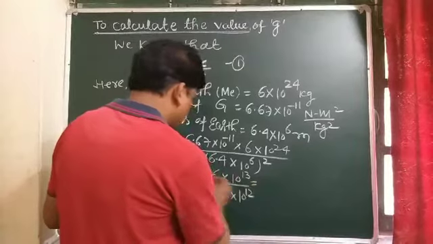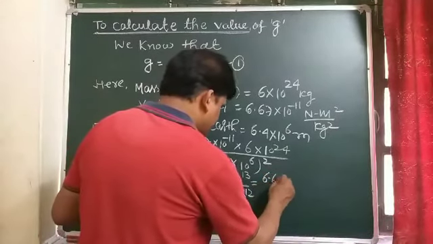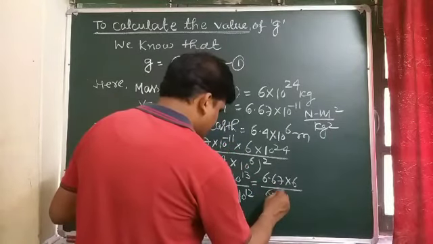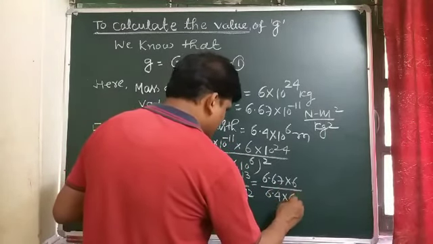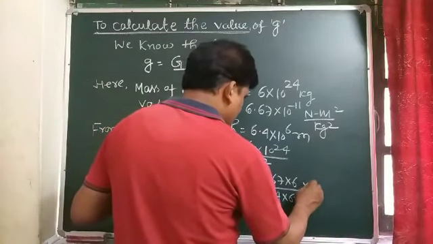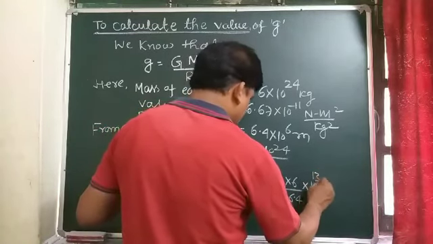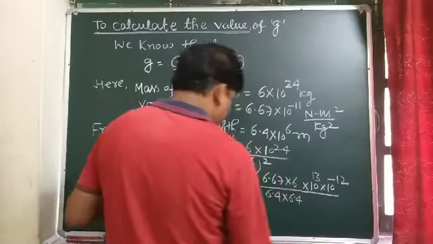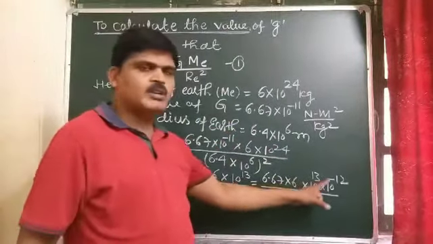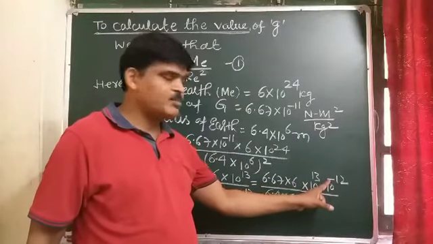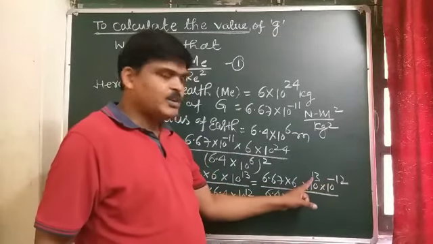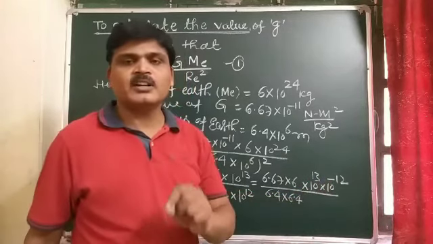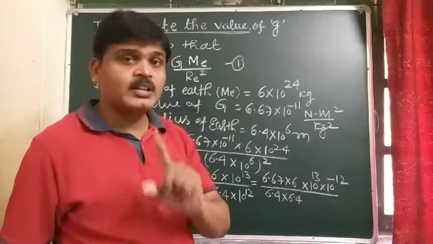So this value comes out to 6.67 into 6 divided by 6.4 into 6.4, into 10 to the power 13 into 10 to the power minus 12, because the 10 to the power 12 moves upward to the numerator and becomes negative. So 10 to the power 13 times 10 to the power minus 12 gives 10 to the power 1, that is positive.